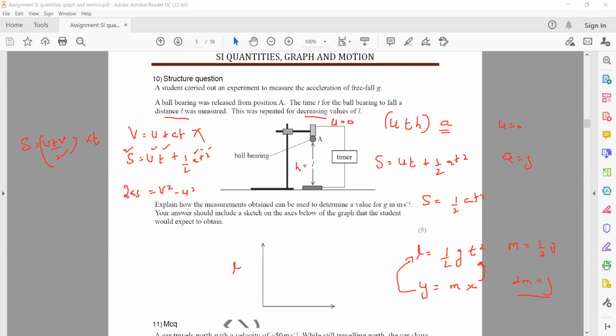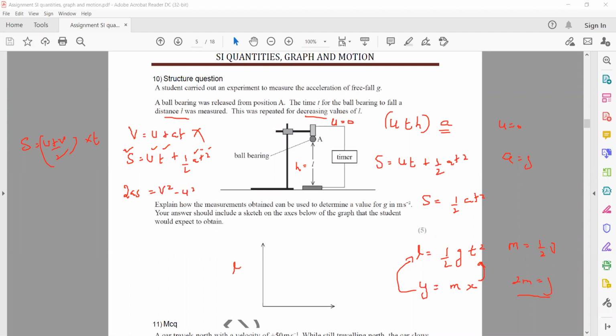So how can we find the acceleration due to gravity? First we use this equation, s equals ut plus half at square, in which the initial velocity is 0. And then we compare with the equation of a straight line.